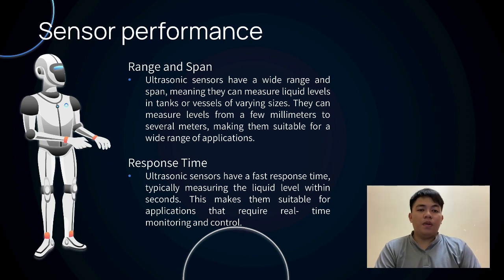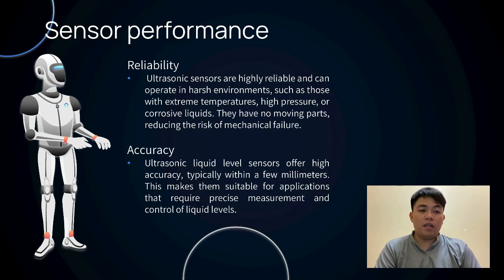The response time is very fast, typically measuring the liquid level within seconds. This makes them suitable for applications that require real-time monitoring and control. The reliability is also high, and they can operate in harsh environments such as extreme temperature, high pressure, and corrosive liquids, which is very suitable for our design.